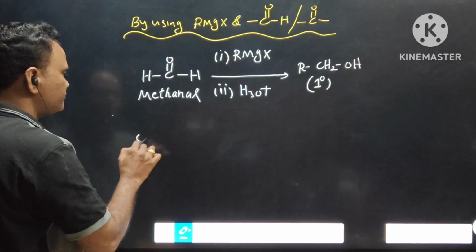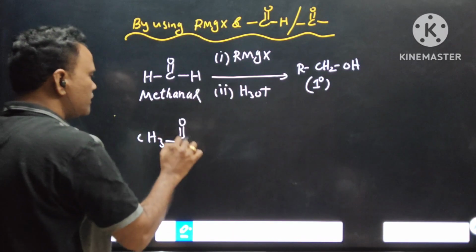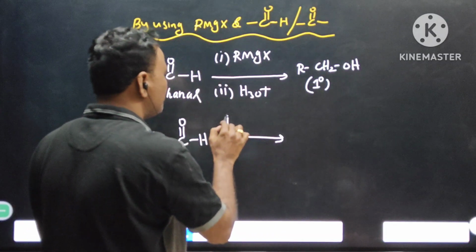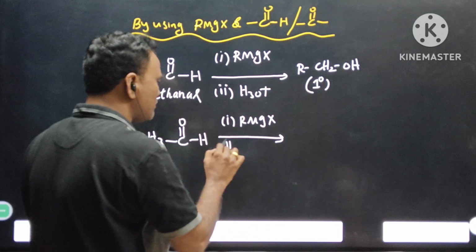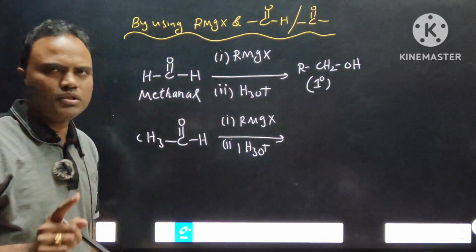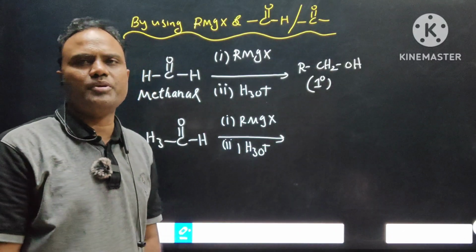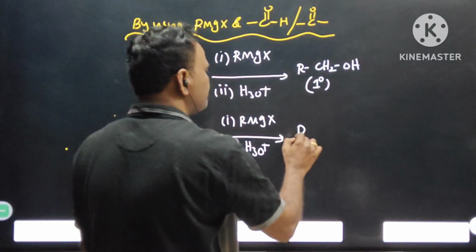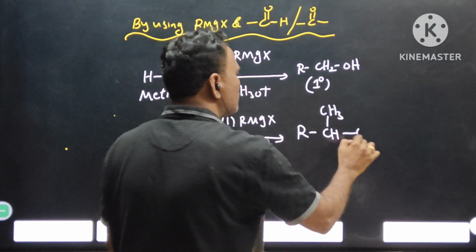Next, I am taking acetaldehyde. Acetaldehyde when treated with RMgX, Grignard reagent, followed by hydrolysis, H3O plus, which represents addition of water, will give 2 degree alcohol.